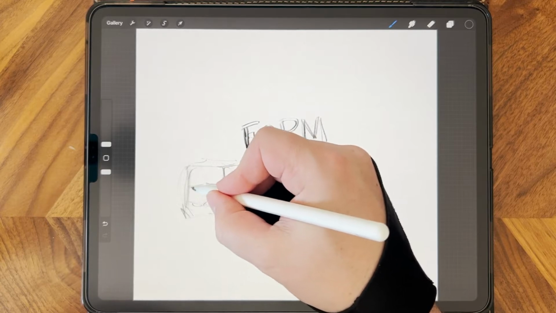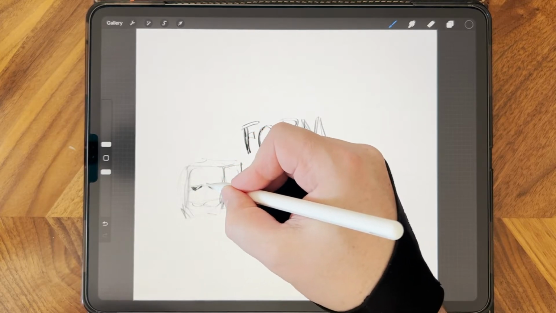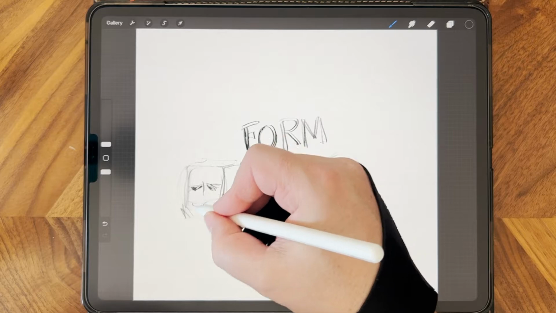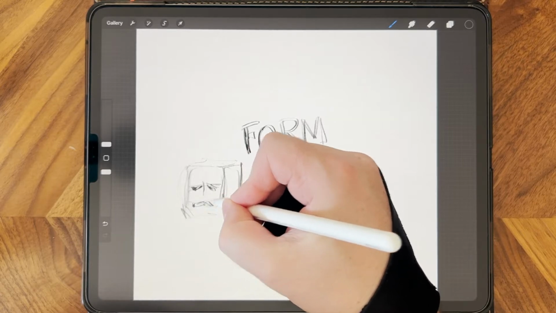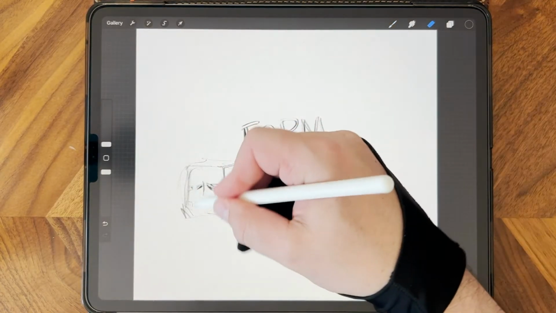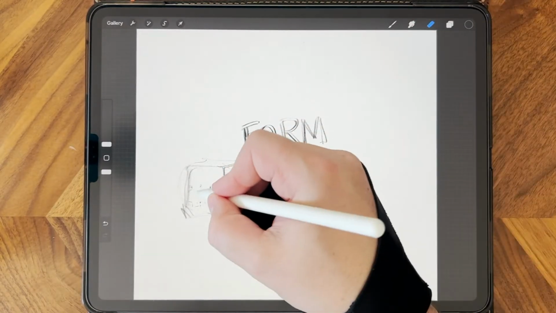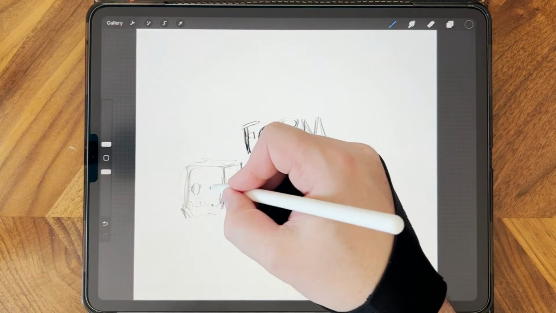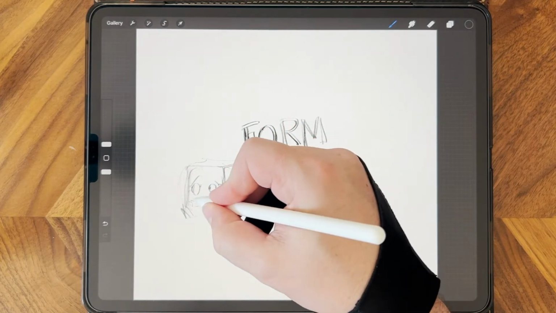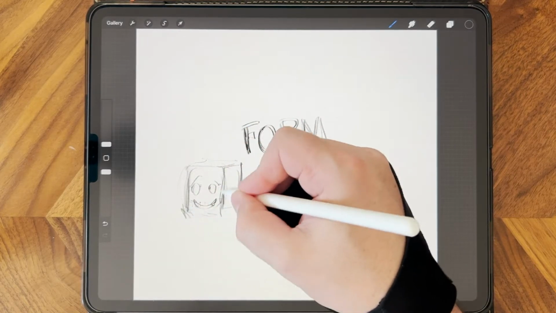Well, now it just looks like Minecraft. I didn't mean for that, but I look sad too. There we go. That's happier.